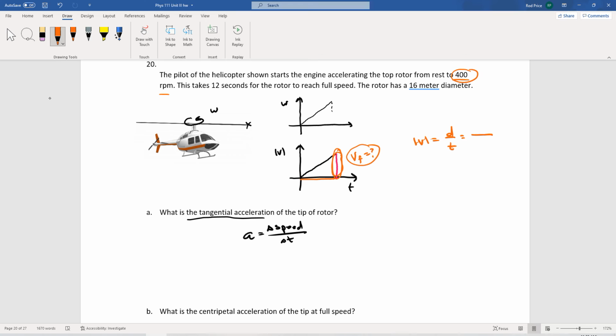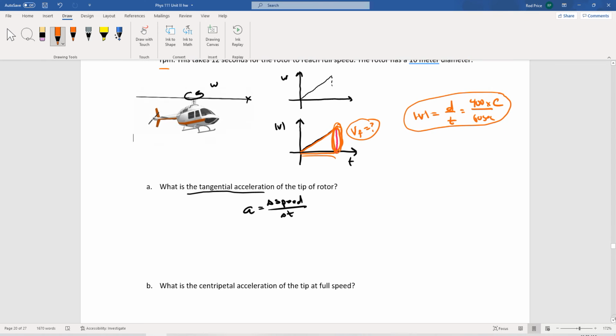What you can do is then take your 60-second time frame, and the distance traveled would then be 400 times the circumference. And whether the speed were constant like this on the graph or increasing does not matter here. That doesn't make any difference at all. So you can calculate the speed just like you would before. And then that's this distance on the graph here. And then divide by time, there's your tangential acceleration.